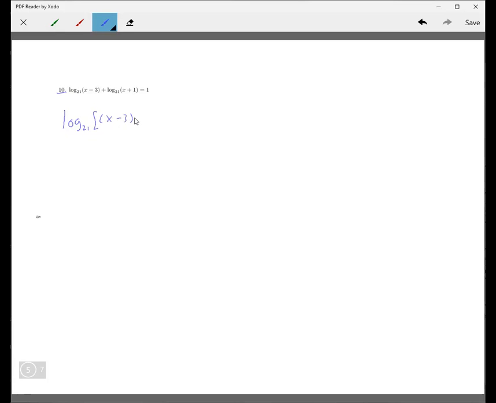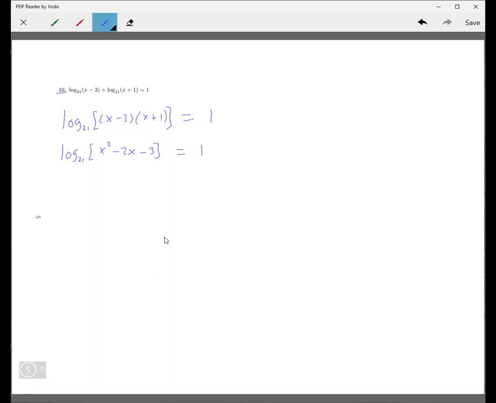Since it's plus, then it's multiplied inside. Equals 1, and that's just 1 right there. Okay, so let's multiply everything together. So that's x squared, the first one. The outside one is x minus 3x, that's minus 2x. And then the last one is minus 3.